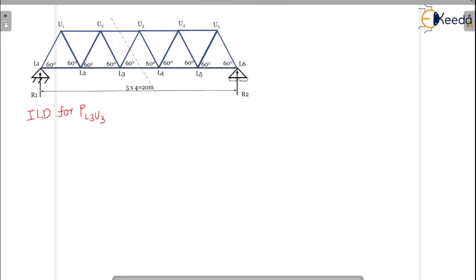In that case, we take the summation of forces in the y direction equal to 0. What is our assumption? We are considering that the load is in between L1 and L3, and we are considering the right hand portion.